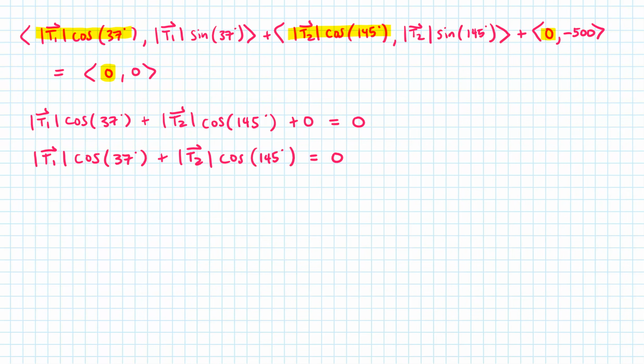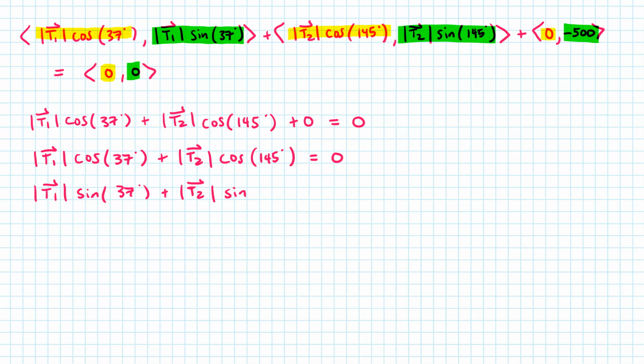Now what I'm going to do is add the vertical components together, and they should all add up to a sum of 0. So let's do that. The magnitude of T1 times sine of 37 degrees plus the magnitude of T2 times sine of 145 degrees minus 500 or plus negative 500, however you want to write that, and that's going to equal 0.